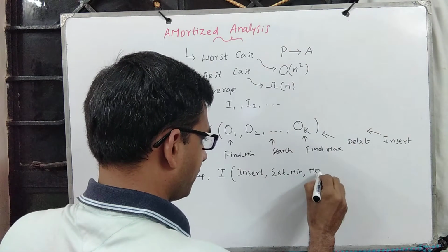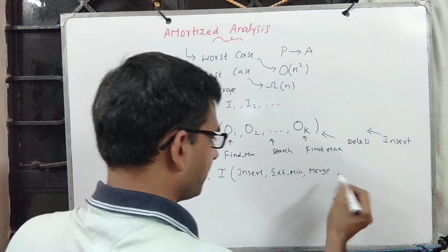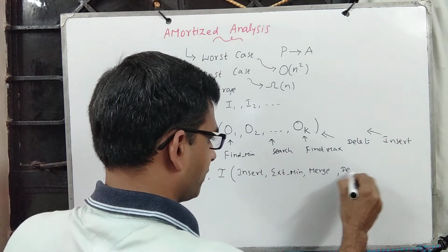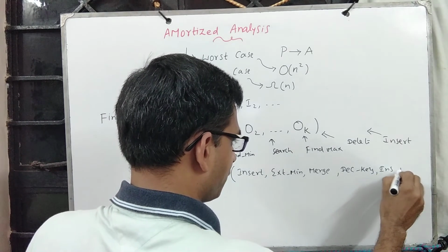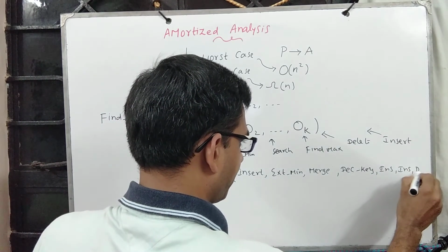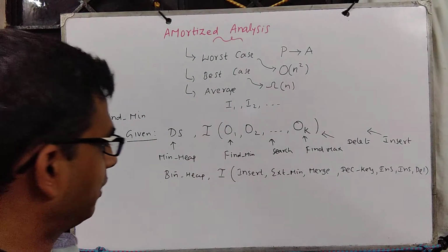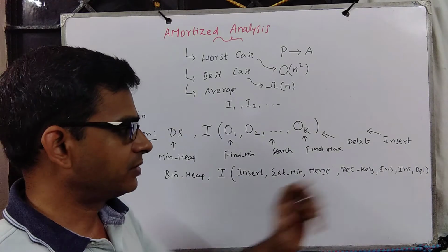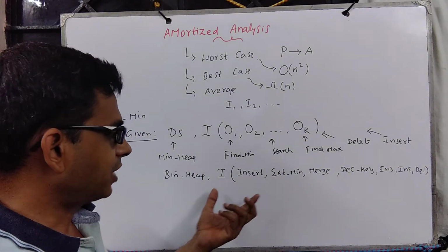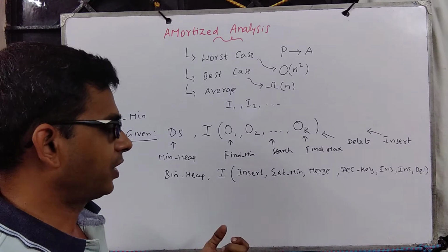Then I perform merge with some other binomial heap, and then I perform, say, decrease key. Then I perform a couple more inserts, then maybe delete, and so on. Now, with a data structure along with a sequence of operations, the question is, how do we analyze such a case study?